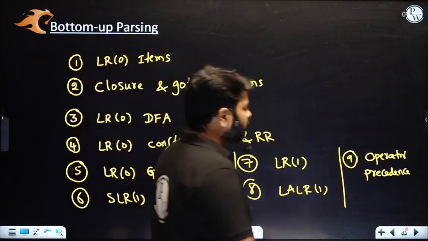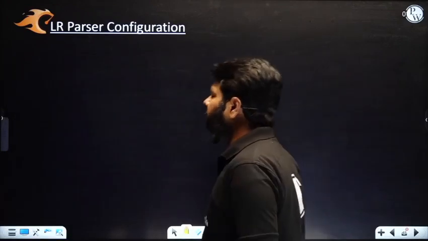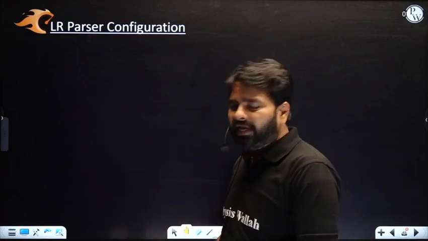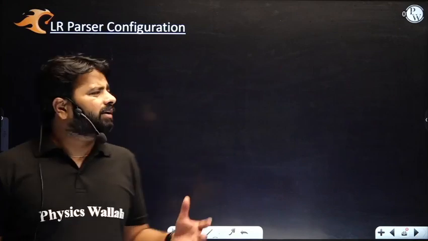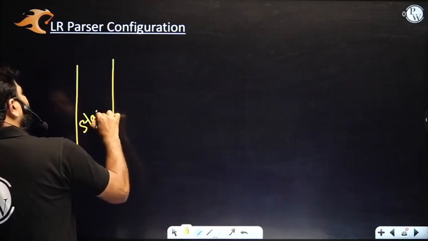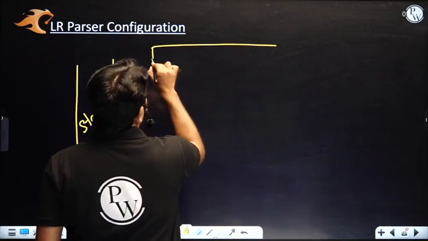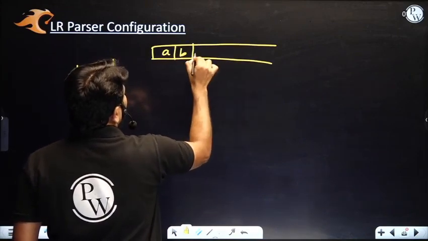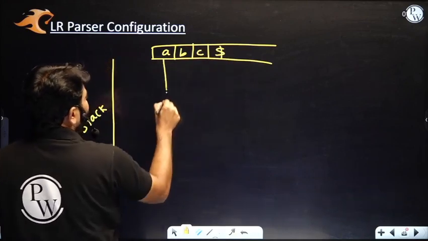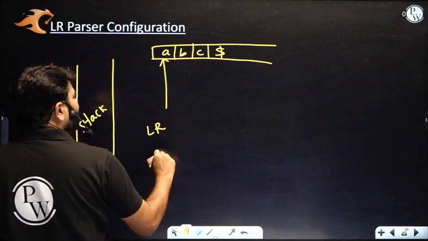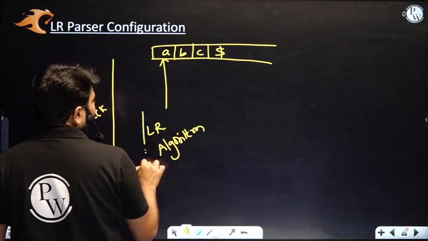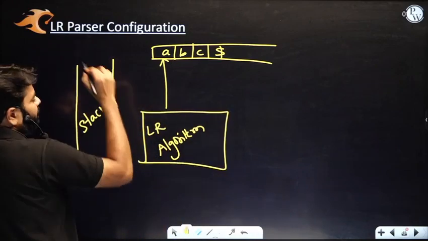Okay, first we should know what these LR0 items are. But anyhow, you are aware of the LL parser configuration. In the same way, you have a stack that you have seen in LL1, and you also have some input that you write. It's basically a sequence of tokens. Here is the LR algorithm. This algorithm is the same for all. You may call it the bottom up parsing algorithm or the LR algorithm, as you are talking about an LR parser.